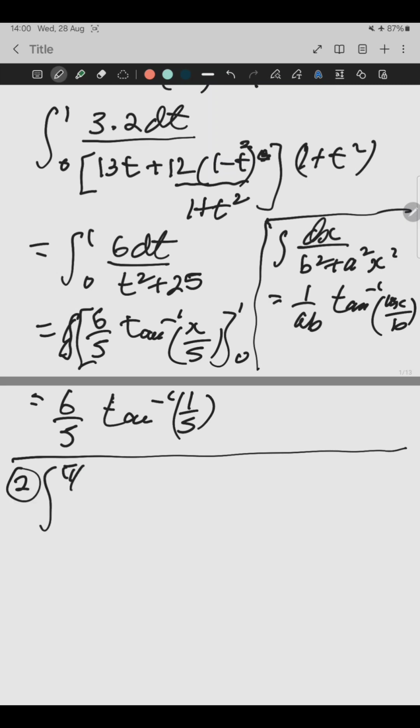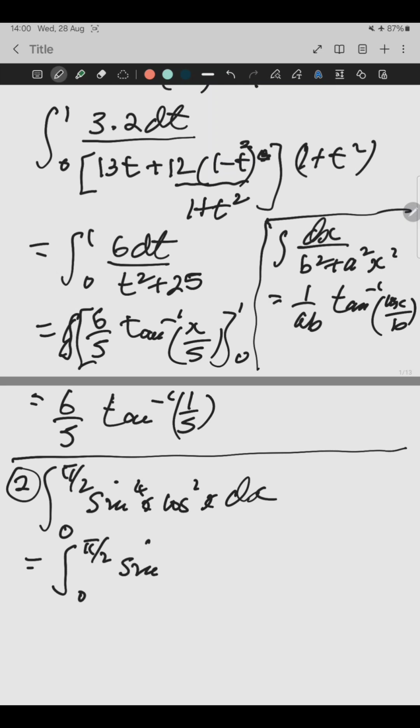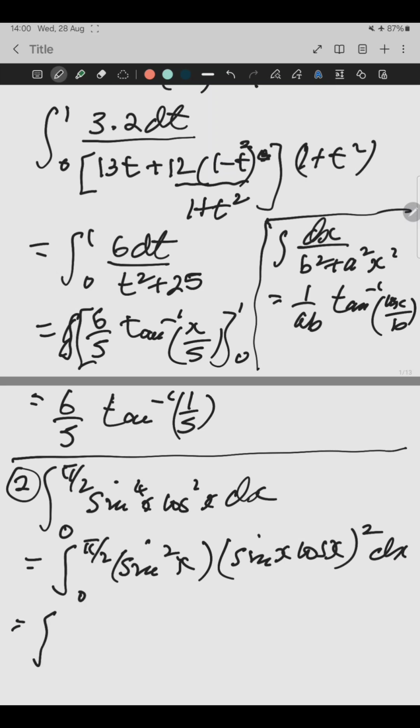is the integral between pi upon 2 and 0 of sine to the 4th x cos squared x dx. Well, first of all, let's write that as sine squared x times, in the bracket, sine x cos x all squared dx, which equals the integral between pi upon 2 and 0.